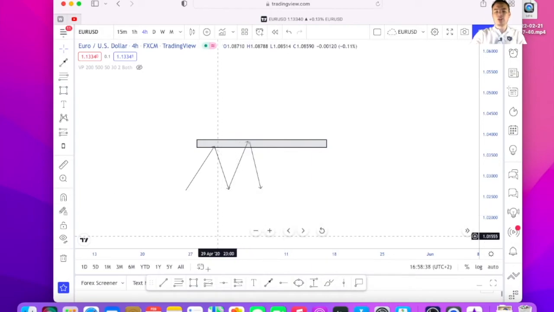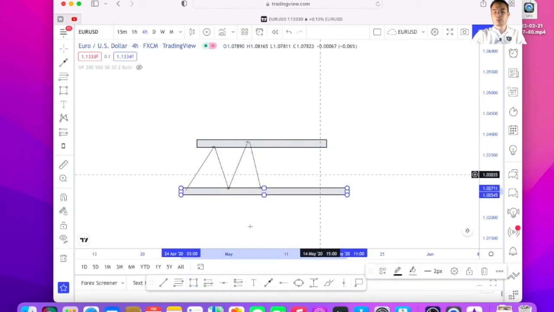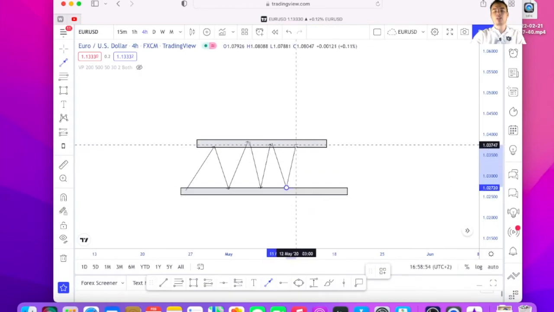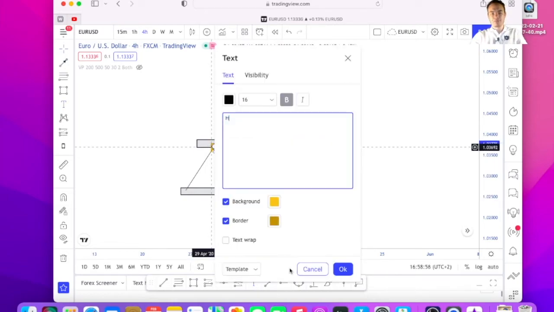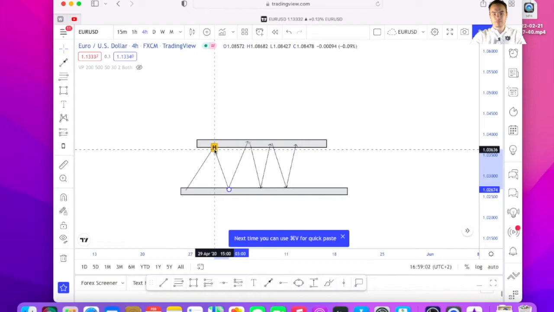Okay, so let me do one here. So this is what price will do. Price will come up, make an equal high. Come down, make an equal low. Come up, make an equal high. So here's the high, here's a low.